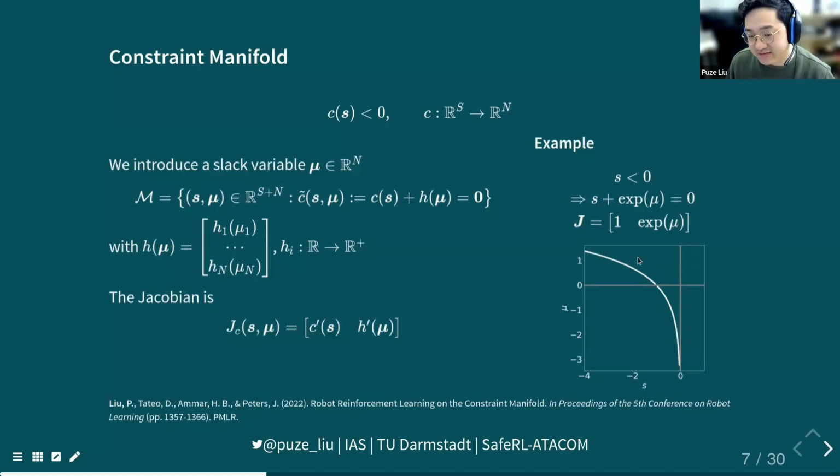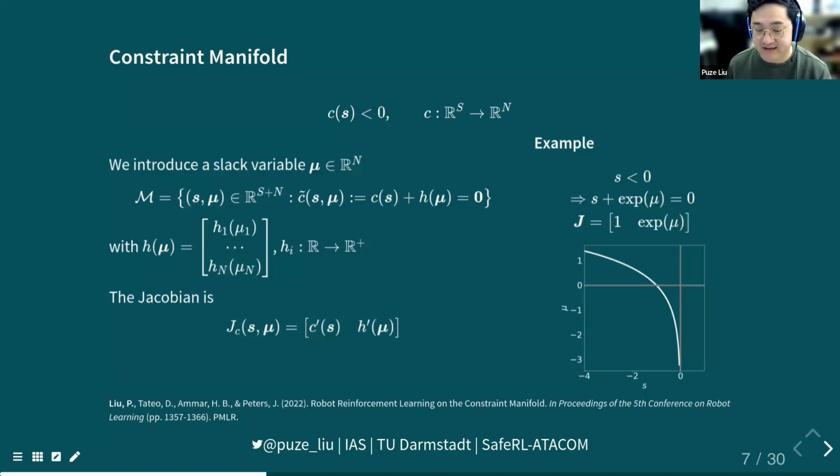If you think about the quadratic one, it is a parabola, and for each individual state you will have two slack variables correspondingly. This brings some ambiguity issues, because your agent needs to infer which state it actually is. But with the exponential slack variable, it's better, since it's a diffeomorphic mapping and it never goes to zero.